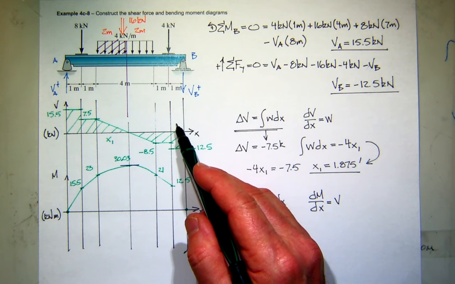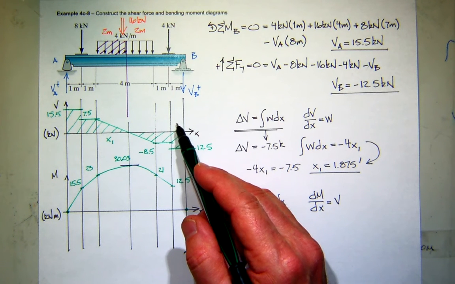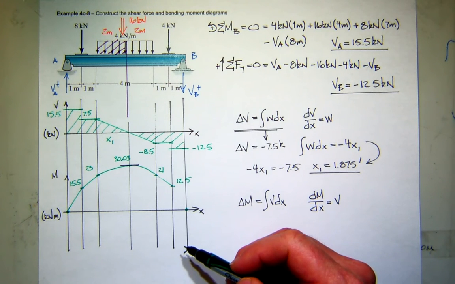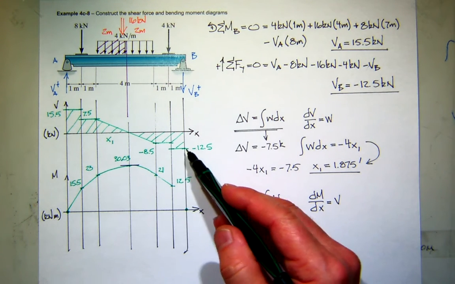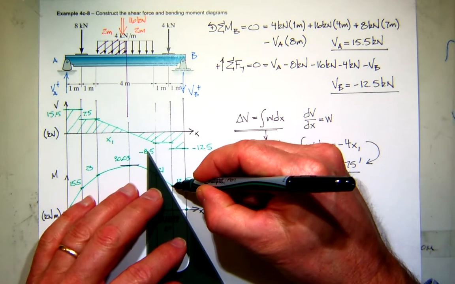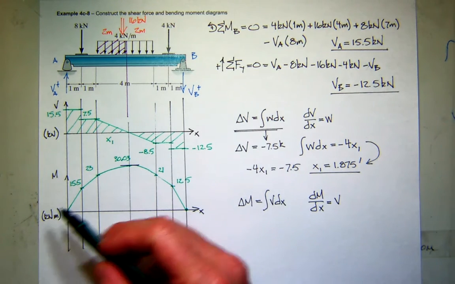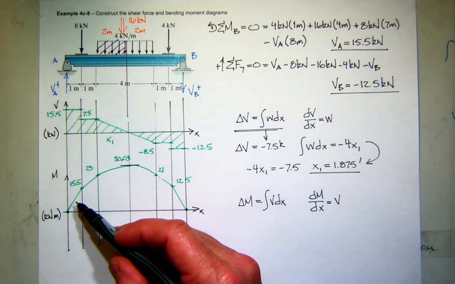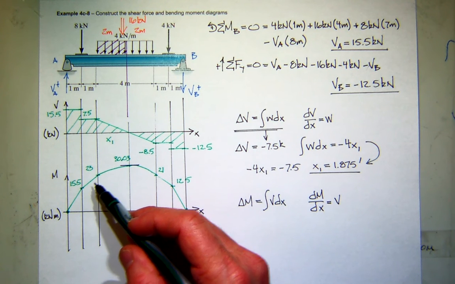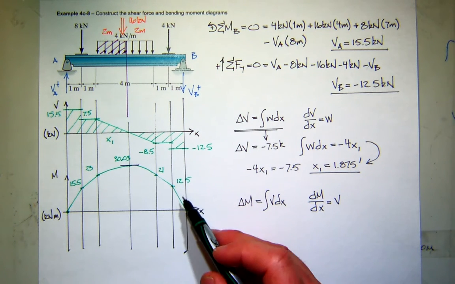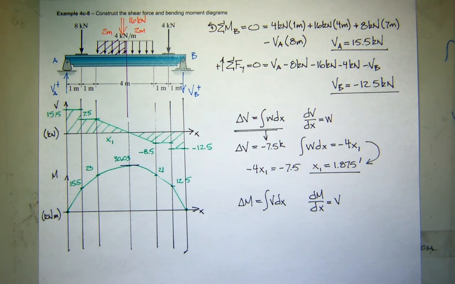That's a rectangle, base of 1 meter, minus 12.5, so that does bring us to 0. And then the slope will be constant and negative and a little steeper than before. So we've got a linear segment into a second linear segment into a quadratic segment, a third linear segment, and then a fourth linear segment.